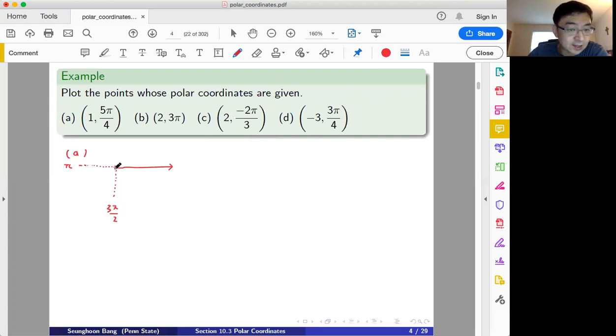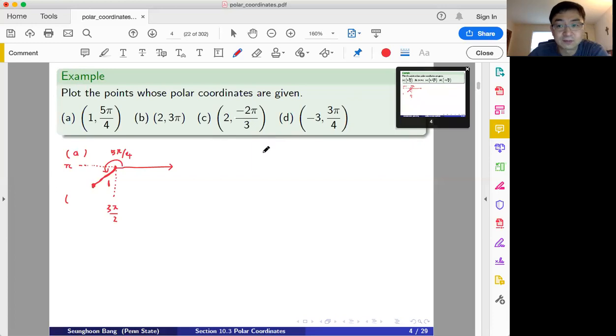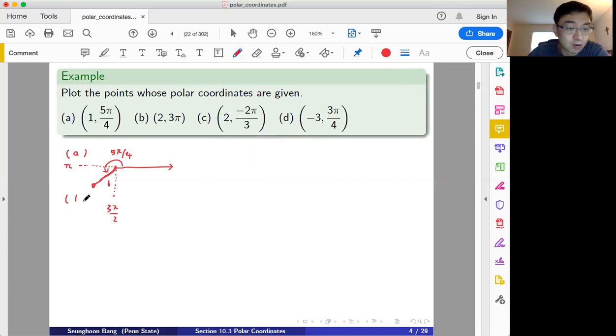Exactly the bisector of this one. Here, this angle is exactly 5 pi over 4. So this length is 1, and this point is exactly (1, 5 pi over 4). That's it. This is the idea.